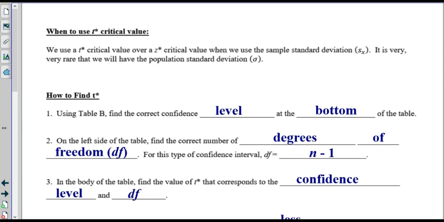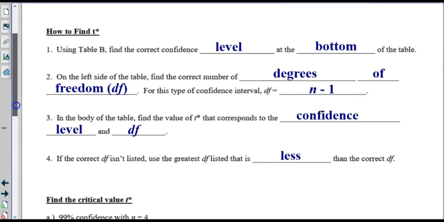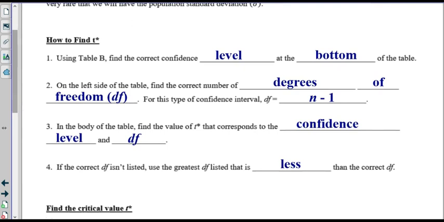In the body of the table, you find the values of the T corresponding to the confidence level and DF. So in other words, it's the intersection of the degrees of freedom and the confidence interval.